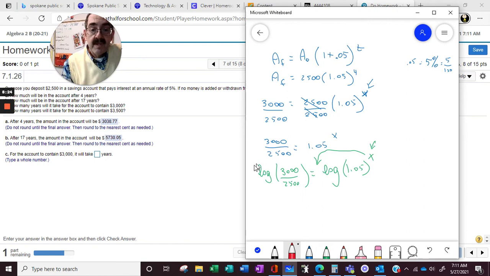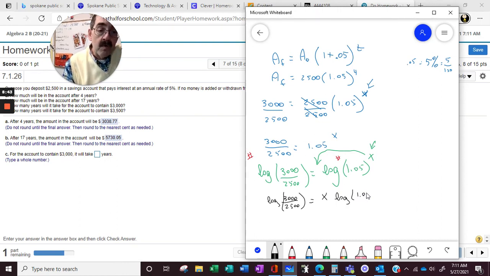So, this is a number, and this is a number. So we're going to get some number, and we'll do this math in just a second, is equal to x times the log of 1.05. This is the key right here. Okay, this step. When you take the log of both sides, that allows us to isolate the exponent.